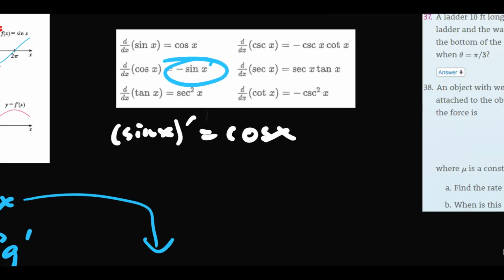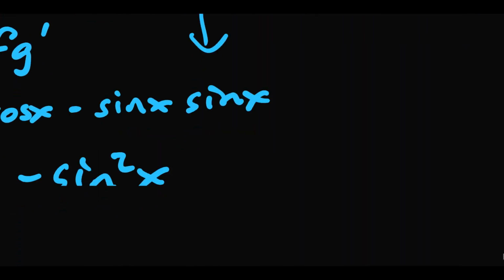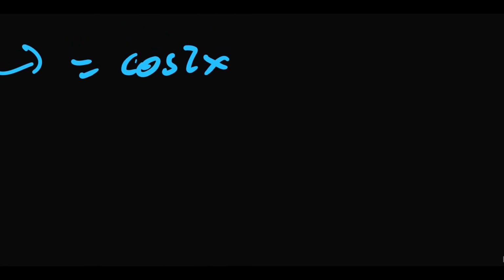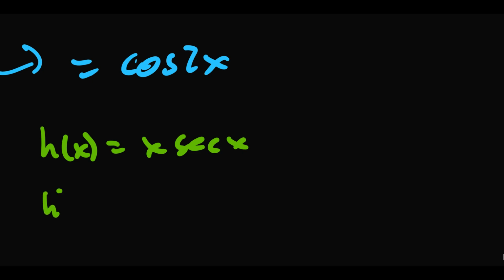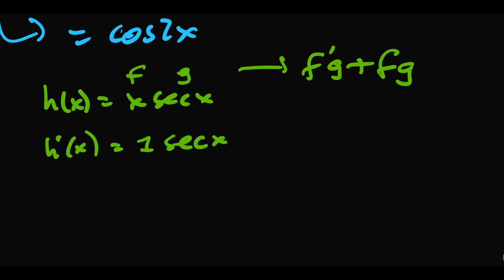Let's do one with secant in it. If h of x is x secant of x, then h prime of x, with f being x and g being secant x, is f prime g plus f g prime.